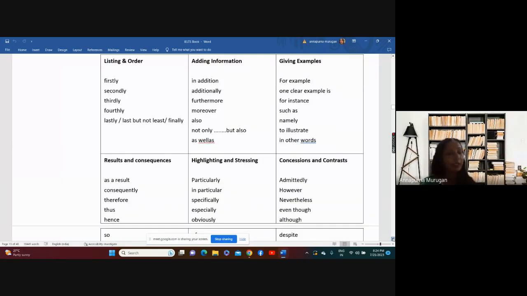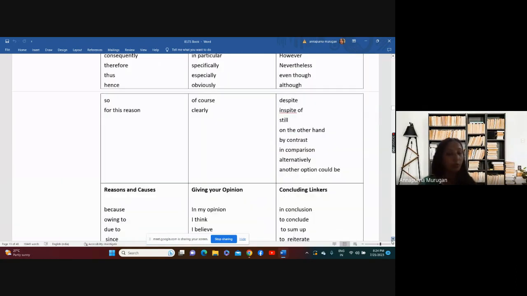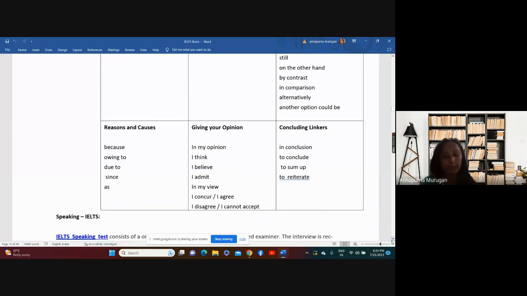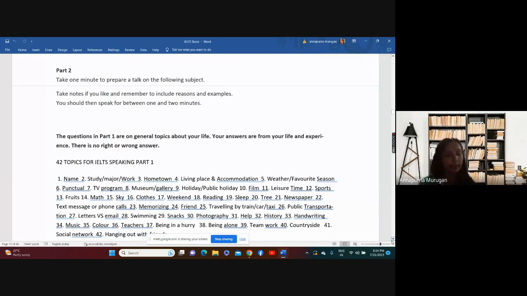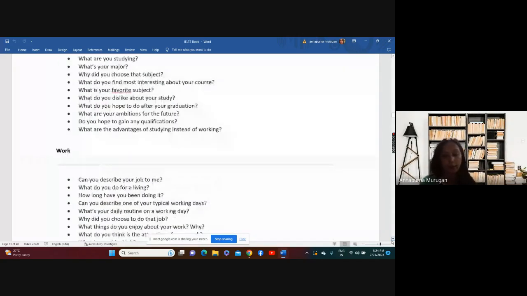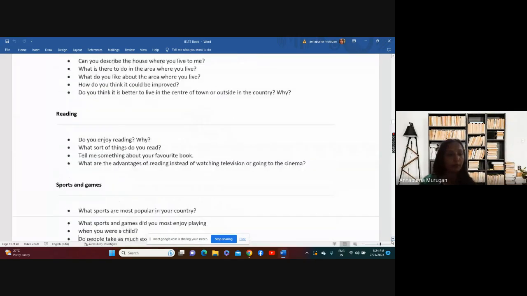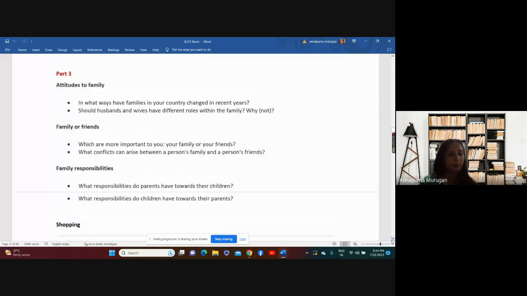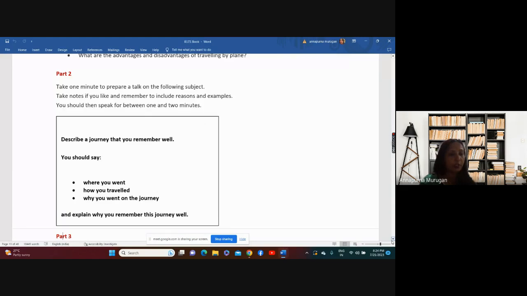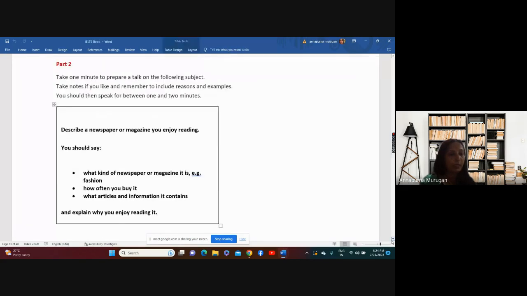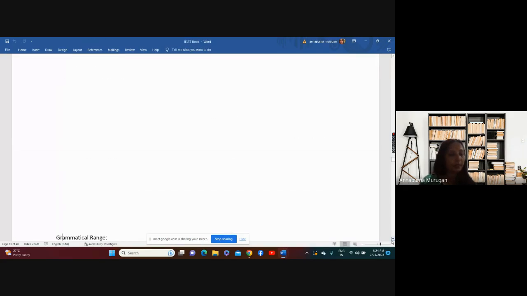You can use these connectors to connect your ideas. Just a second, I'll show you the grammatical part about sentences.